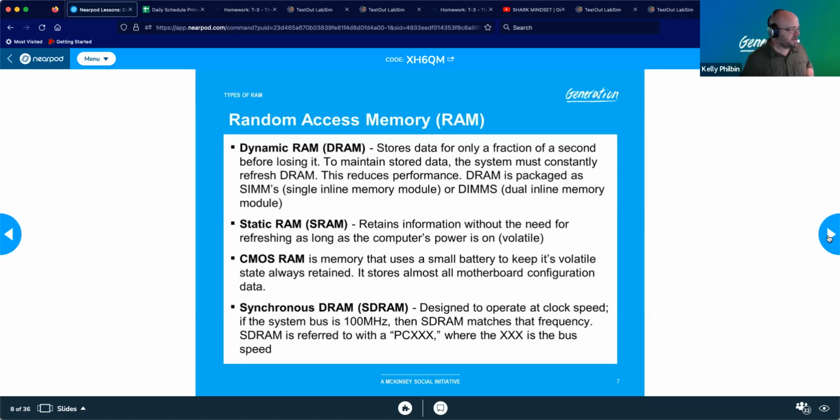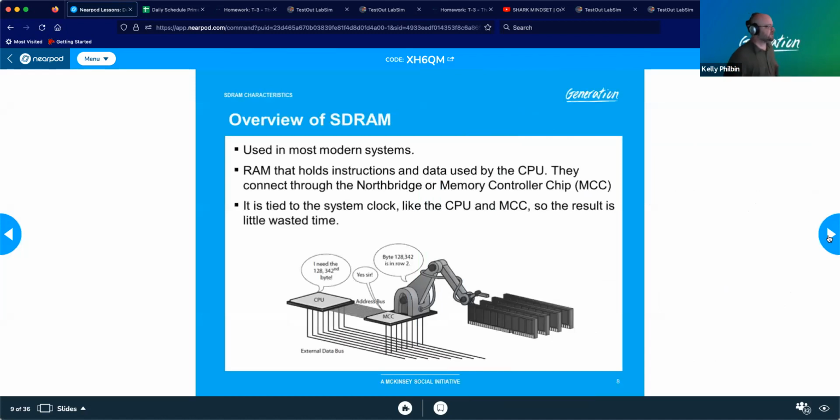So SDRAM, synchronous dynamic RAM, is used in almost all of our modern systems. It holds the instructions while the CPU is working on that stuff. And the North Bridge, also known as the memory controller chip, operates like a traffic cop and shuffles the information back and forth that needs to go and determines what has priority and what doesn't.